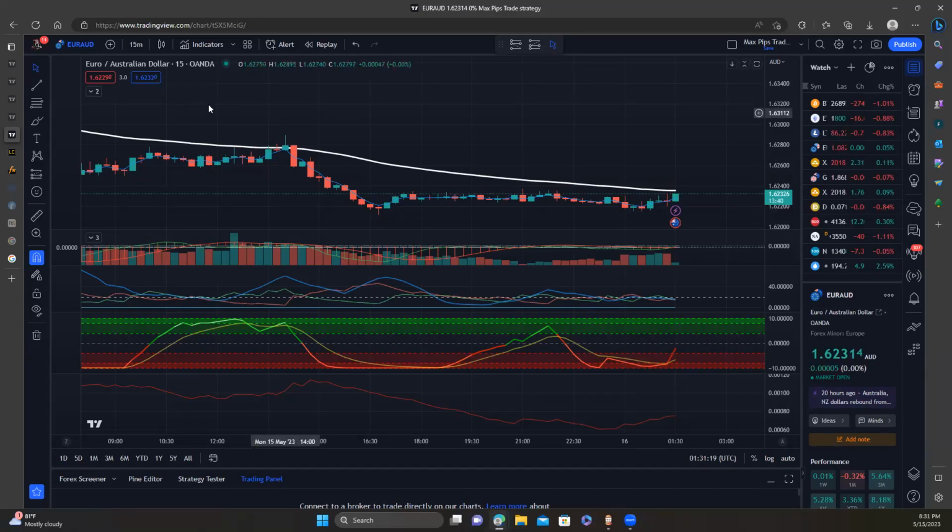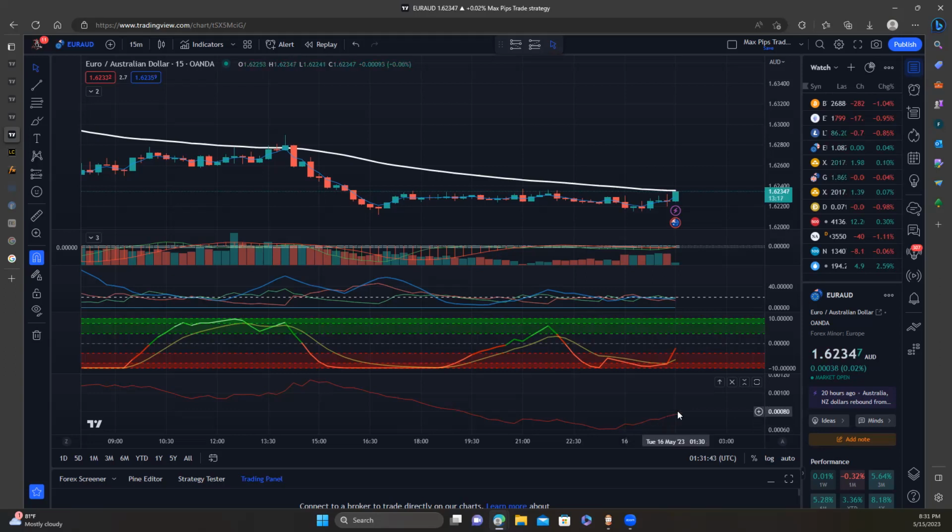Now here it is on the 15 minute. I got a buy candle here, but it's not trending, is it? Right? Not trending. Low volume. But there are two things I'm looking at. The first thing I'm looking at is the ATR.